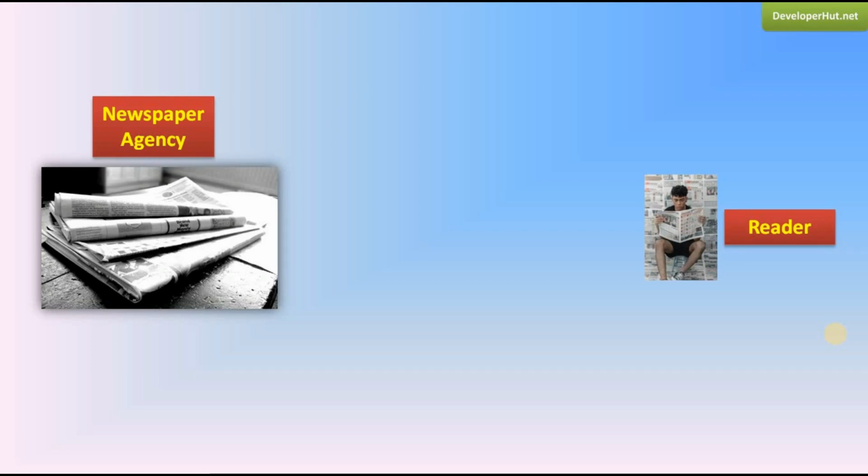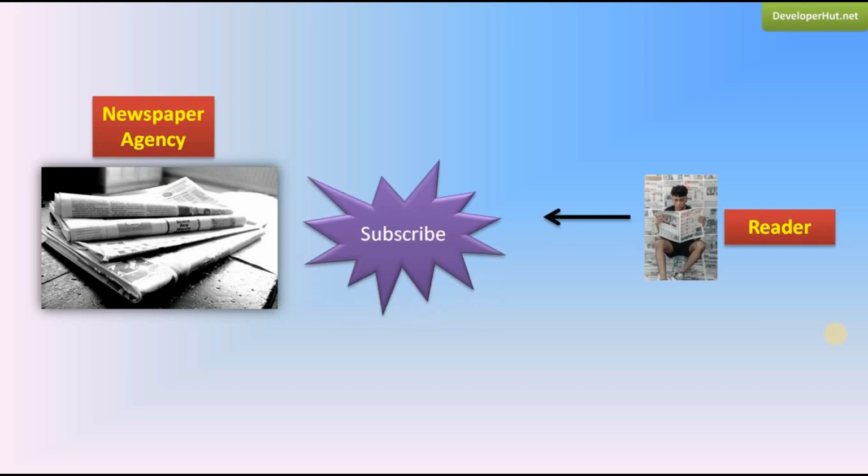Now how does a reader get this newspaper? Firstly, the reader will come to the newspaper agency and subscribe to the agency for a particular duration of time, let's say a monthly or a yearly subscription. And once the reader has subscribed successfully, the agency will start delivering the newspaper to that reader.